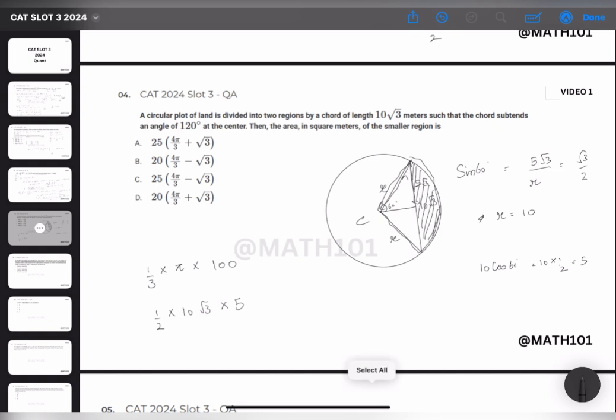So the shaded area becomes 100 pi by 3 minus 50 root 3 by 2. This becomes 25 root 3. So the answer is A. Sorry, the answer is C.